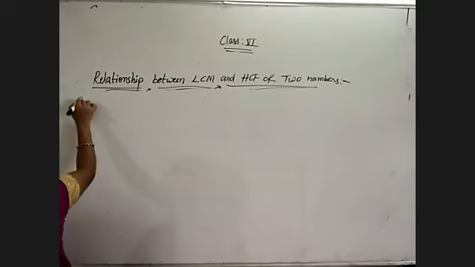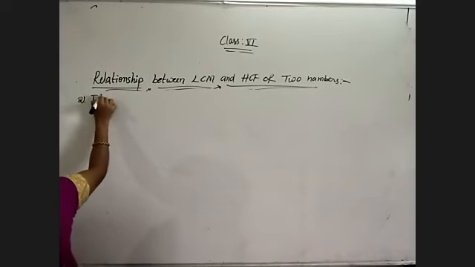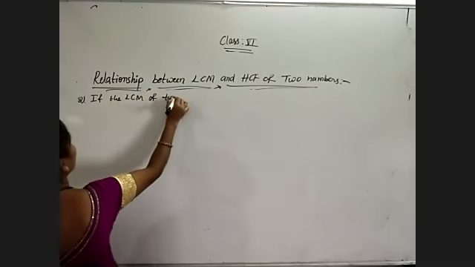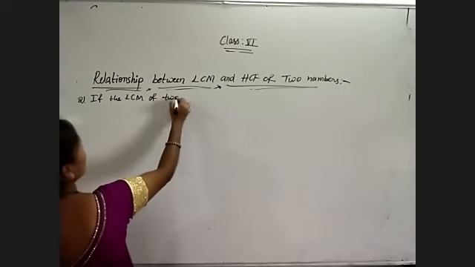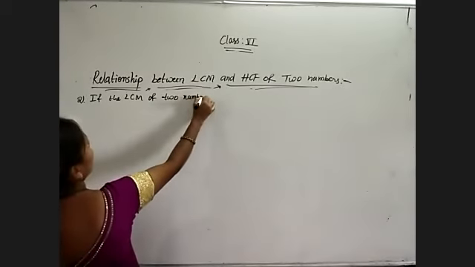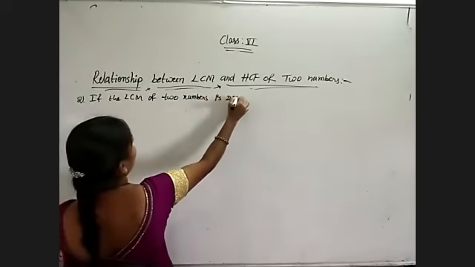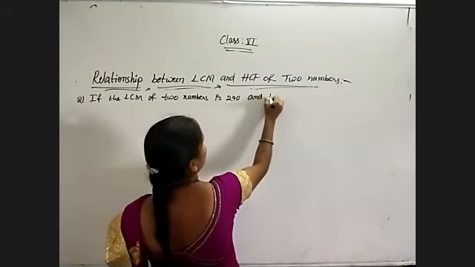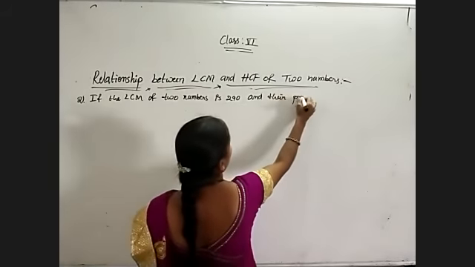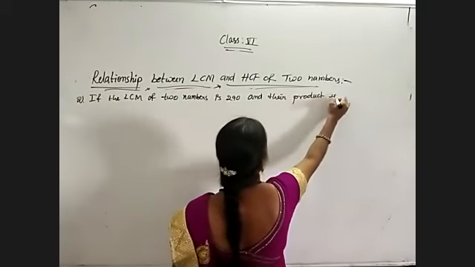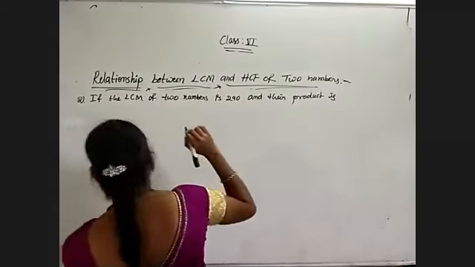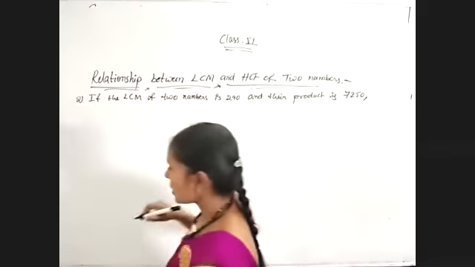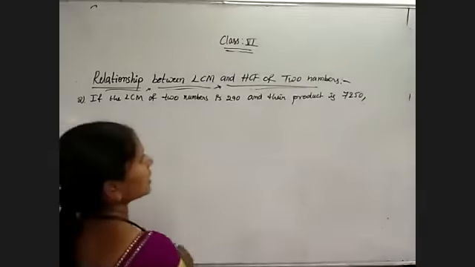Second question I have: if the LCM of two numbers is 290 and their product is 7,250, what will be their HCF?